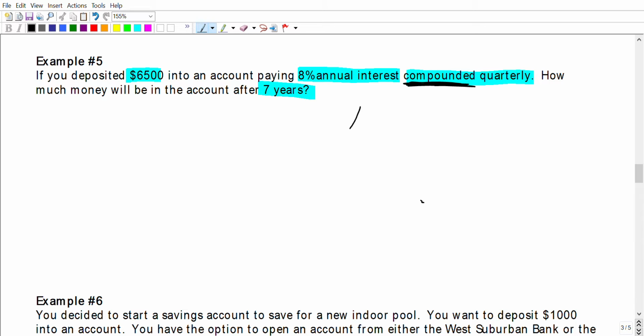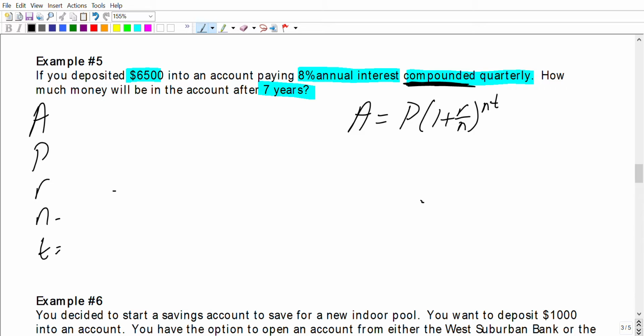That means I have to use my runny nose needs tissue equation, okay, and not my exponential growth or exponential decay equation. All right, so now let's see what we have. A, P, R, N, T. Let's look at what all of these values would be.